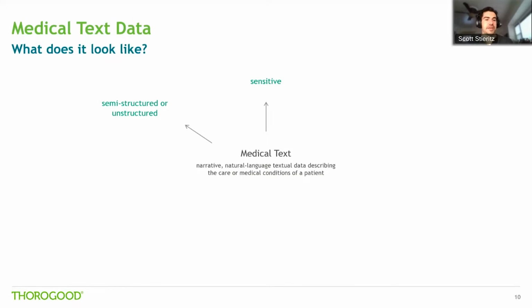But for medical text data, especially because it can be unstructured, there's often instances where we don't know if there is identifiable information contained within that text. So we also might need to think about some approaches for determining when those PHI type entities are occurring within our text. Medical text data is also high cardinality.